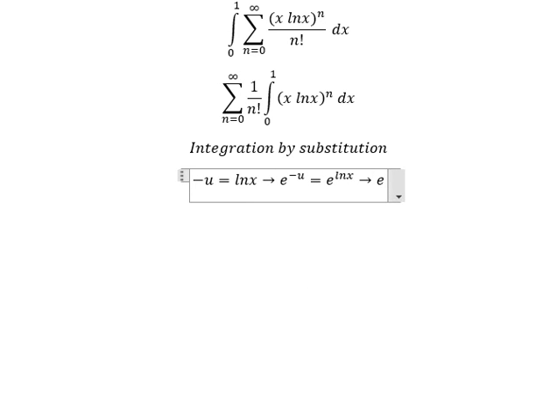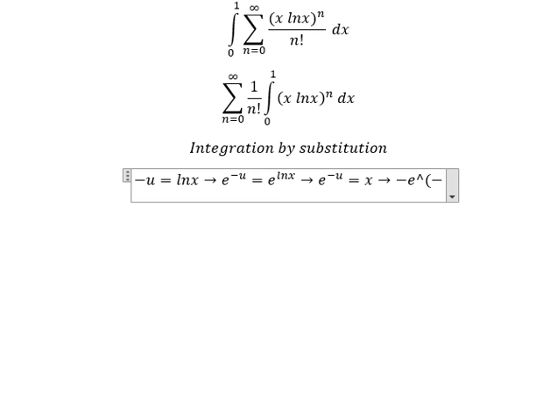And this one, we have s. Later, we do first the derivative for both sides, and we have negative e to the power of negative u du equals ds.